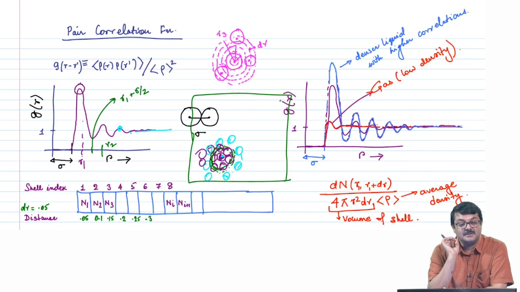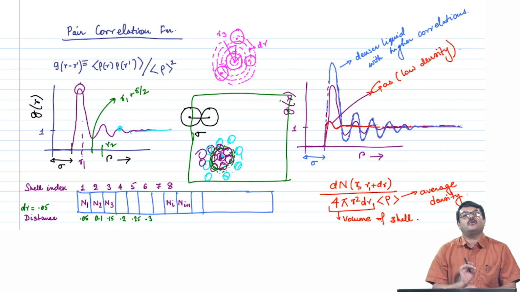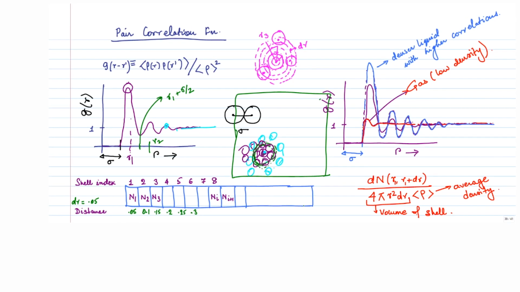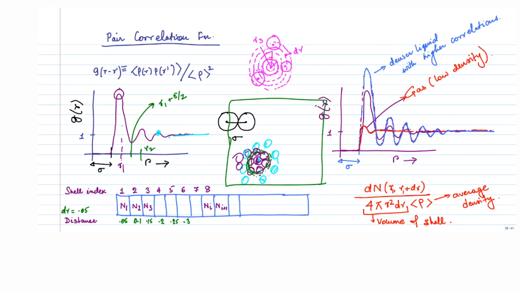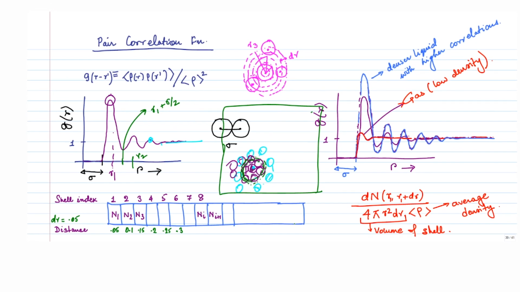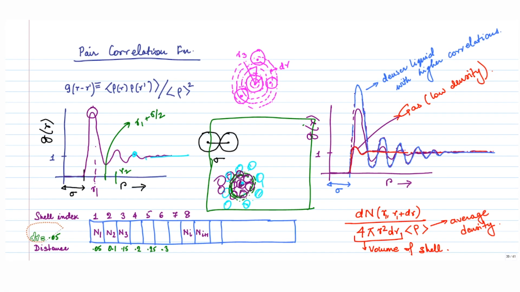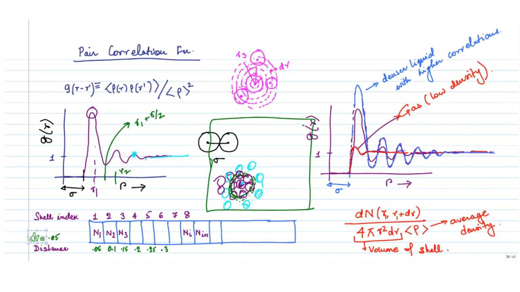While you have to develop the algorithm to calculate the pair correlation function yourself, I shall just tell you that for the pair correlation function you shall need an array whose length is essentially decided by dr. dr is the width of the concentric shell, and suppose the size of the box, assuming a cubic box for simplicity, is 30.